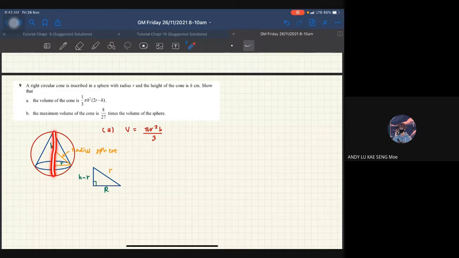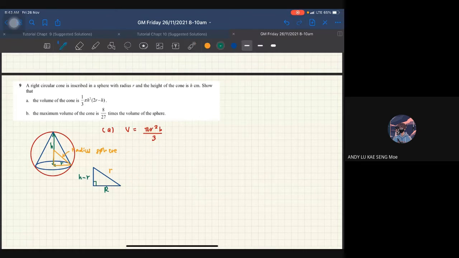Okay, so awak boleh guna theorem Pythagoras dekat this one. So kita nak cari nilai R yang ini, kita nak masukkan dia into this one. Okay, so let's try. The formula is (H minus R) square plus r square equal to R square. Okay, so beza, dia ada R besar, dia ada r kecil.